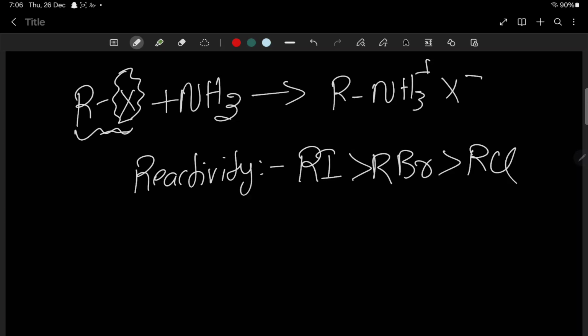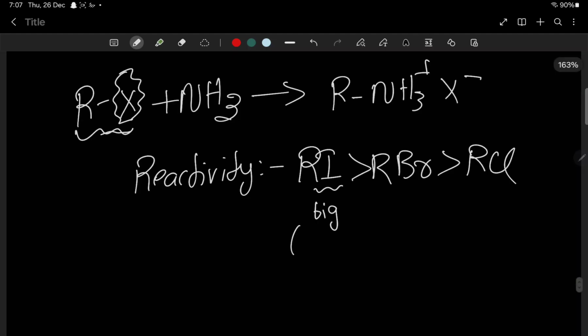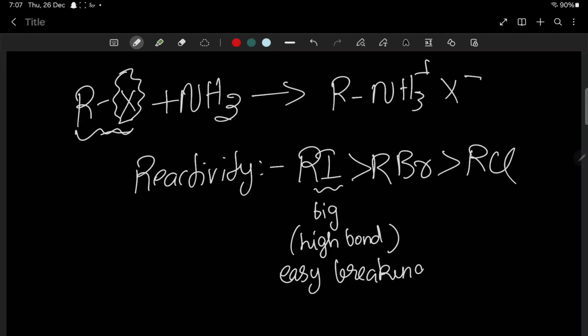You think that Cl has the most electronegativity, but the problem with RI is that I is a very big atom. So the bond length is more than in RCl. High bond length, so easy breaking. That's the reason RI is most reactive.